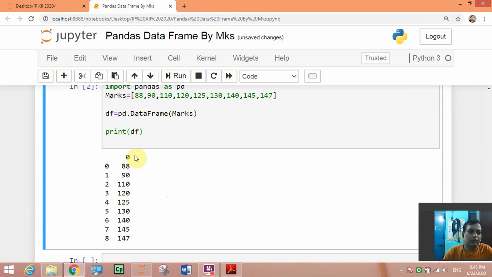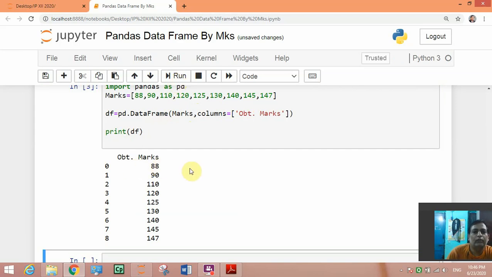Here 0 is the name of the column. So it can also be written with columns equal to, I'll write, obtained marks. If you run, then it will give one column name as obtained marks.